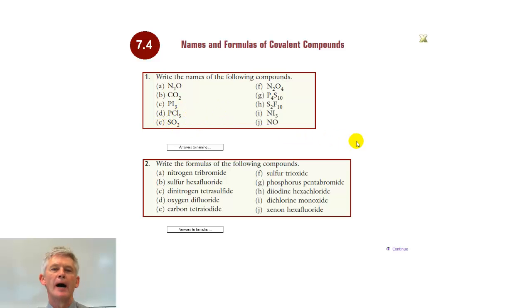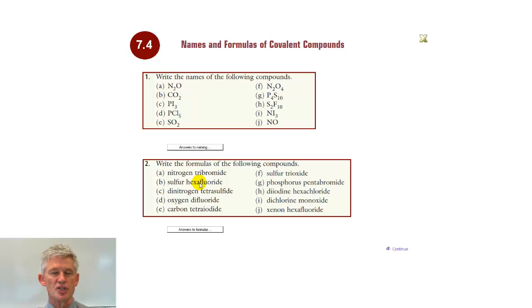You get the point. Once you've done the naming, then you can write formulas. So in this little box, you're given the name nitrogen tribromide, capital N for nitrogen, Br3. Sulfur hexafluoride, hexa is 6, so it's capital S for sulfur, fluorine, capital F, and a subscript of 6.